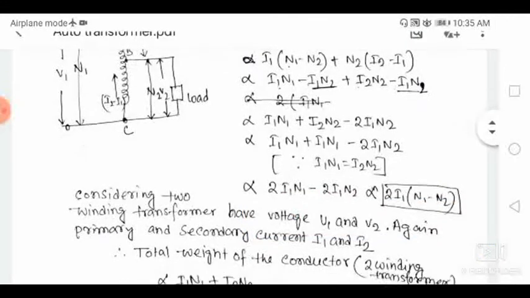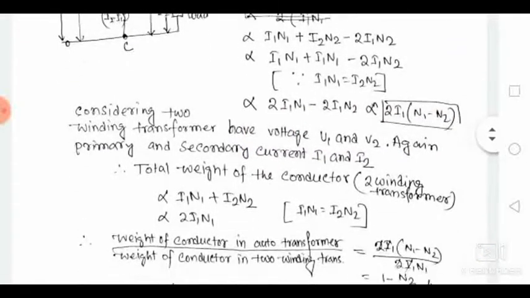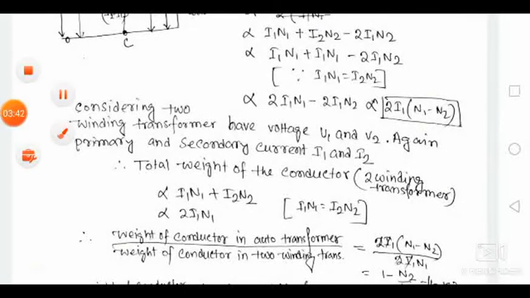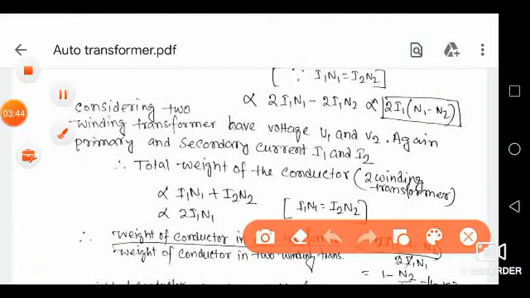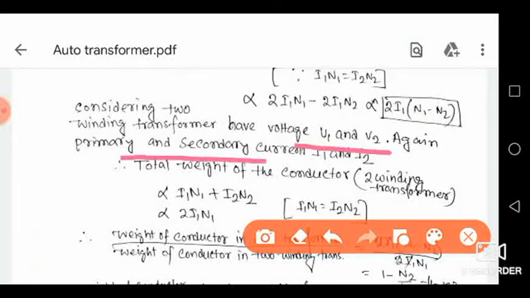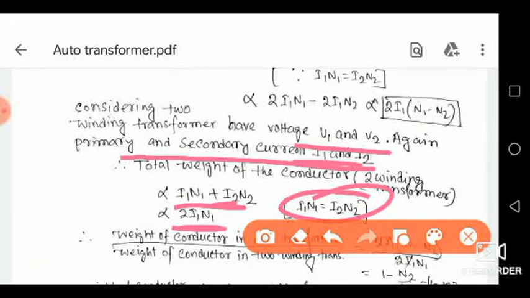Now consider a simple two winding transformer that has primary voltage V1 and secondary voltage V2, and primary current and secondary current I1 and I2. So the total weight should be proportional to I1 N1 plus I2 N2. As you know, primary MMF is equal to secondary MMF, so it should be proportional to 2 I1 N1.